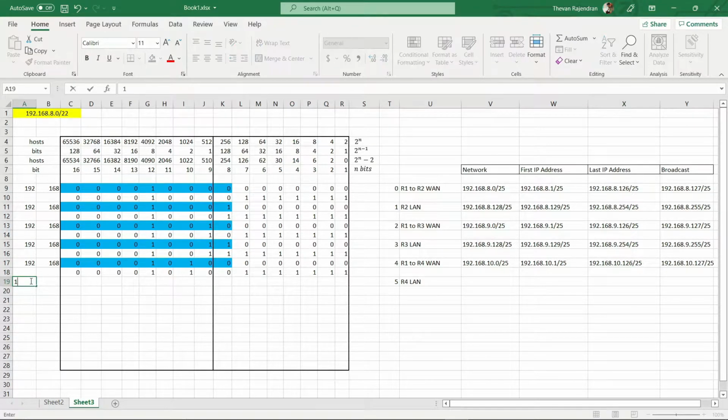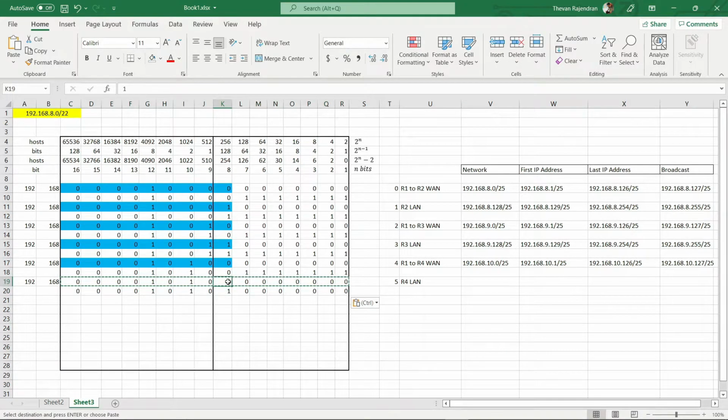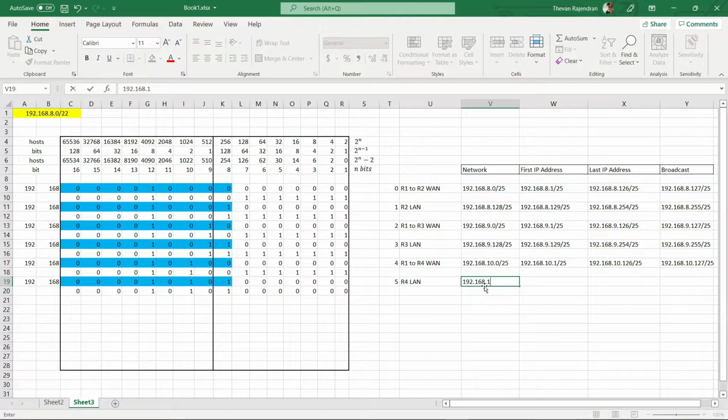And now the last one, R4 LAN. And now we can see the last network is 192.168.10.128/25.